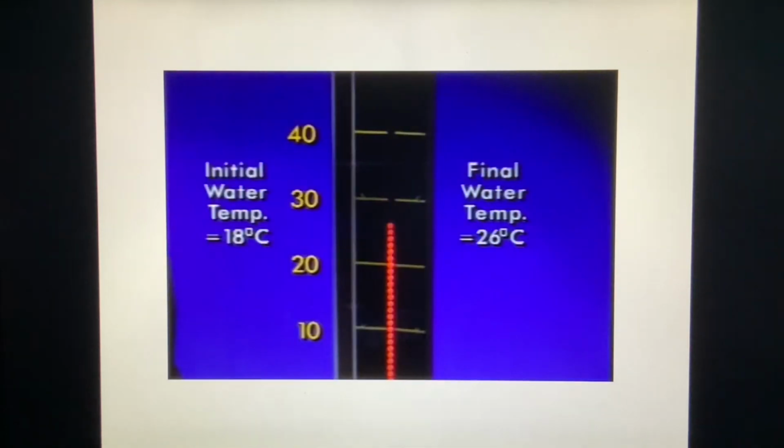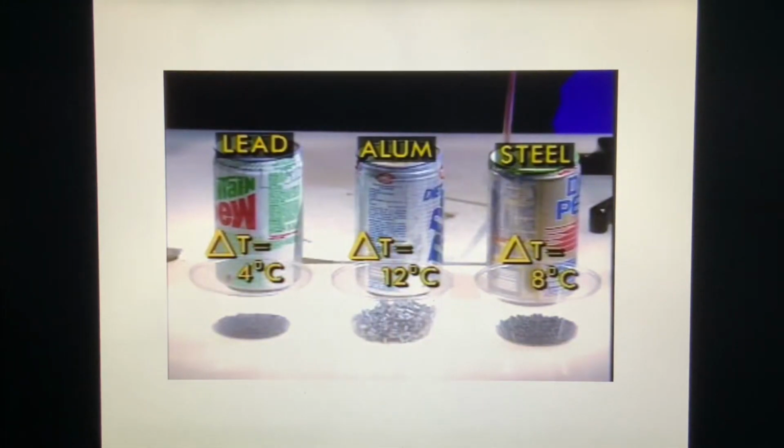The steel sample increases the water temperature 8 degrees Celsius. Aluminum has the highest heat capacity of the 3 metals and lead the lowest.